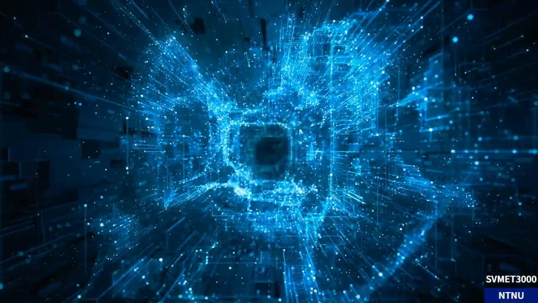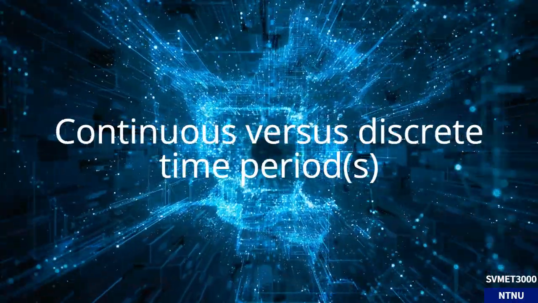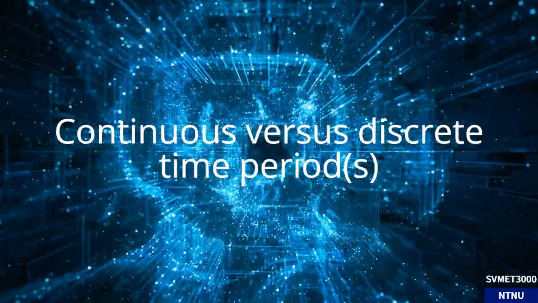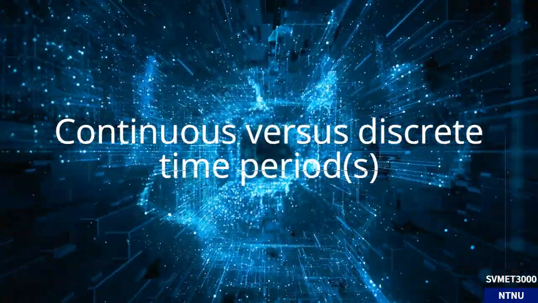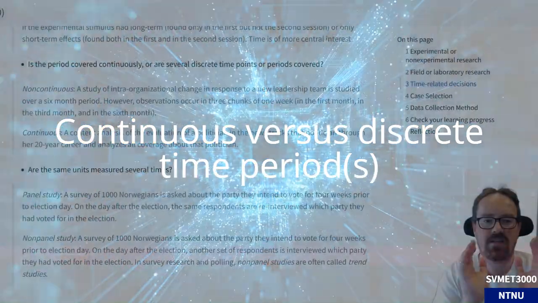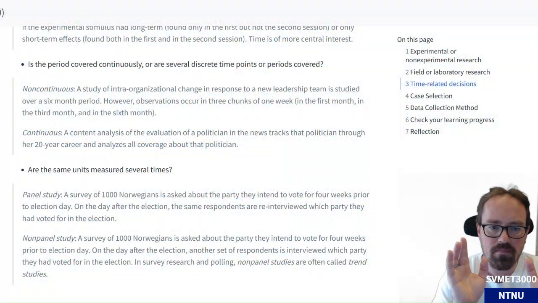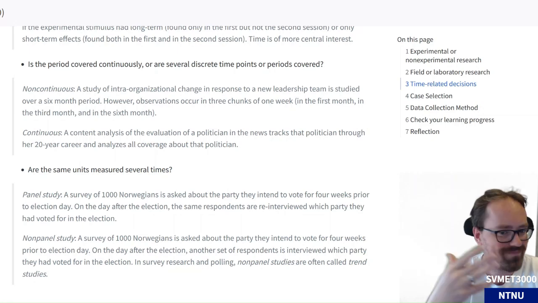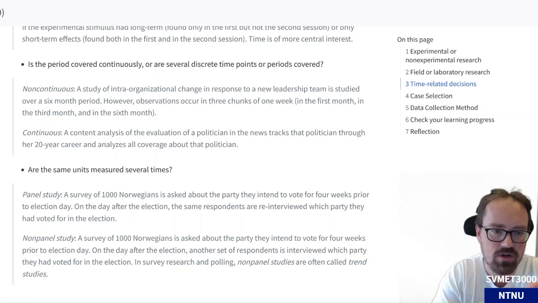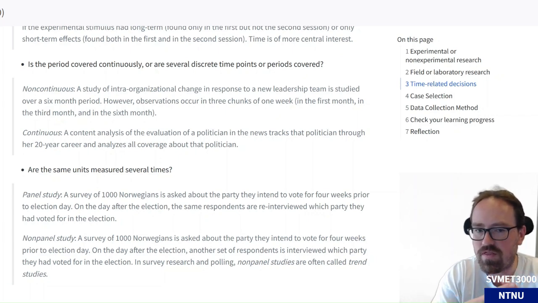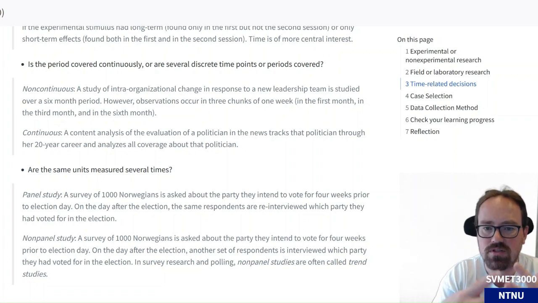So the second question, both for cross-sectional and longitudinal, is whether the period covered is a continuous period or there are several discrete time points or periods that are being covered.